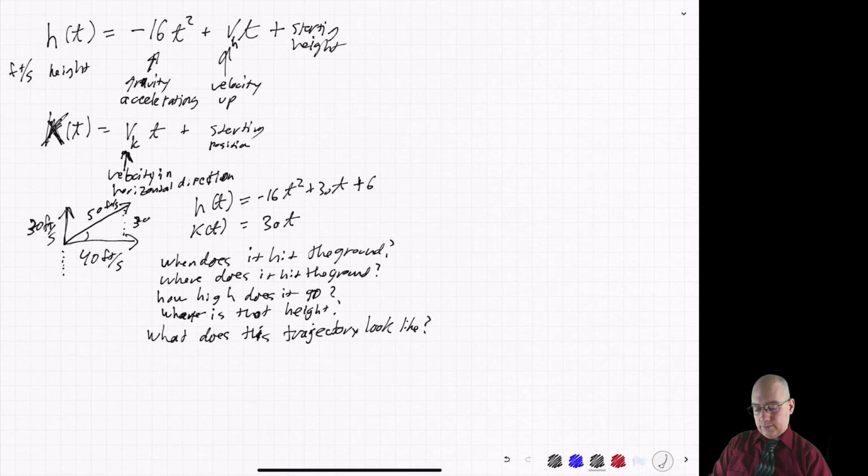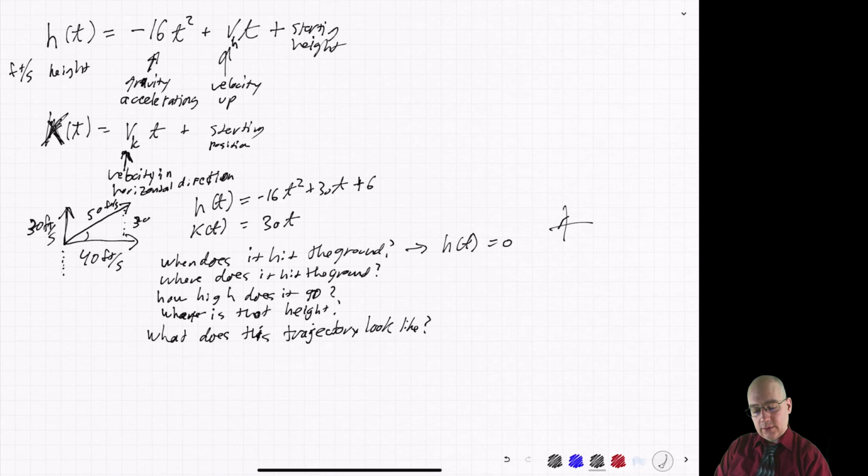Okay. Well, so there are many questions going on here, right? So when does it hit the ground? So this is h of t equal to 0. Again, this is a quadratic, so there's two solutions. One's going to be negative, one's going to be positive.